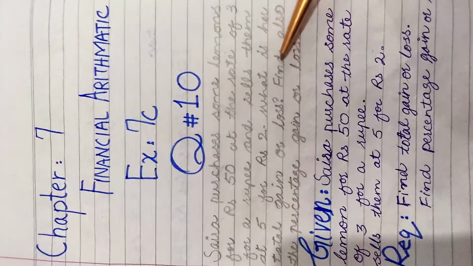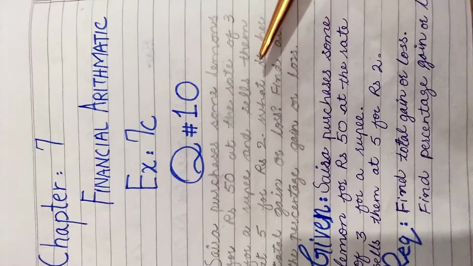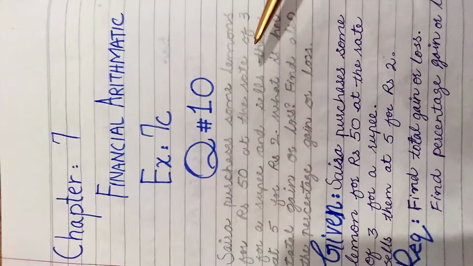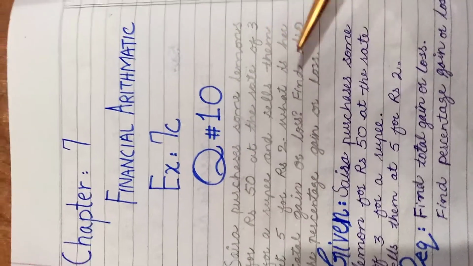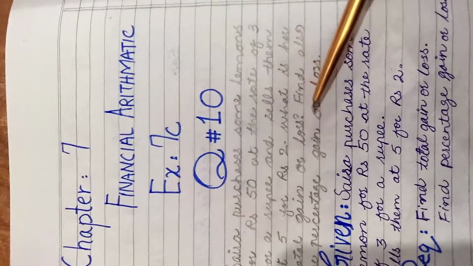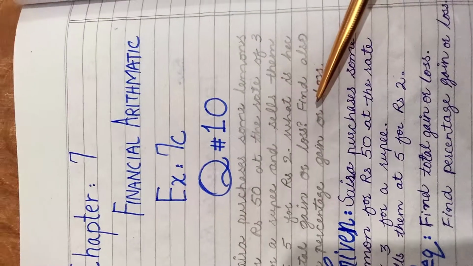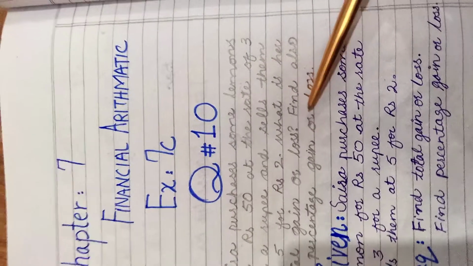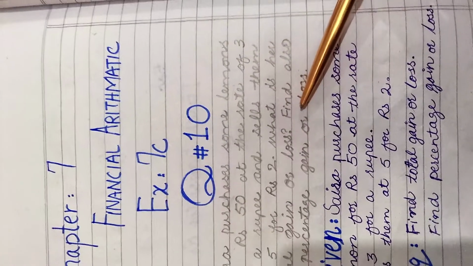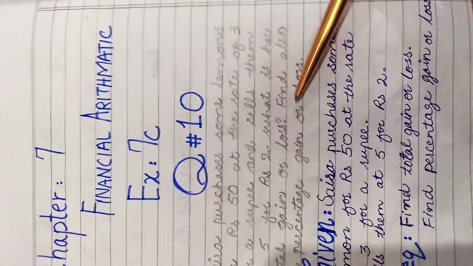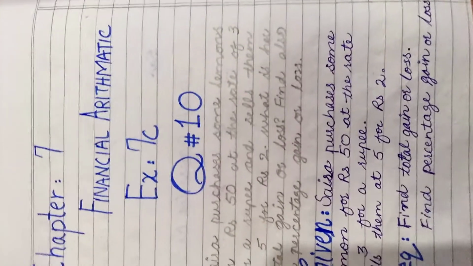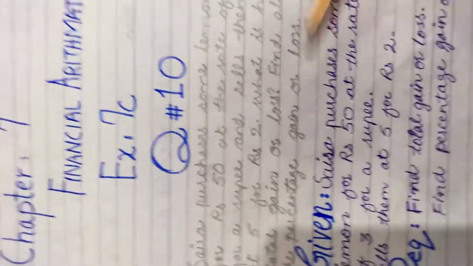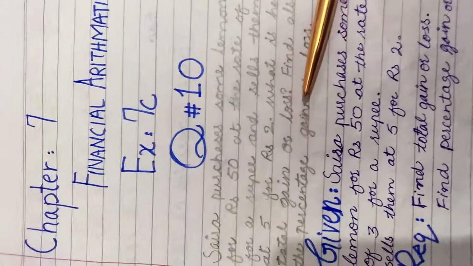It's very easy. Once we have profit, cost price and selling price, we can find the percentage gain by using the formula: profit upon cost price multiplied by 100. We need the value of profit and the value of cost price to find the percentage profit.